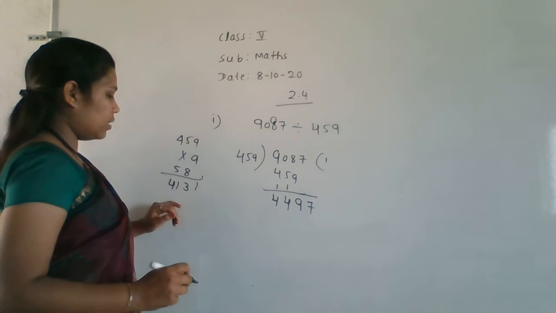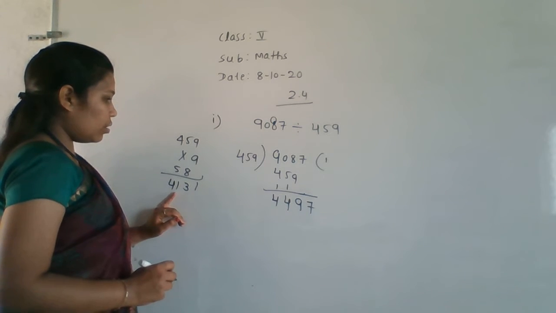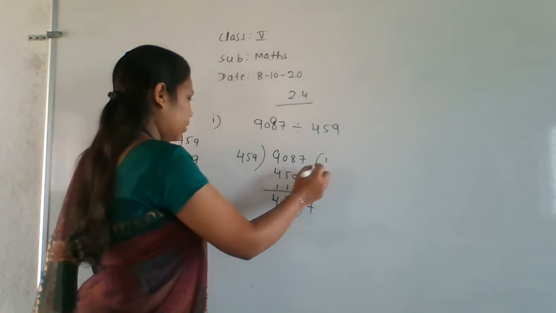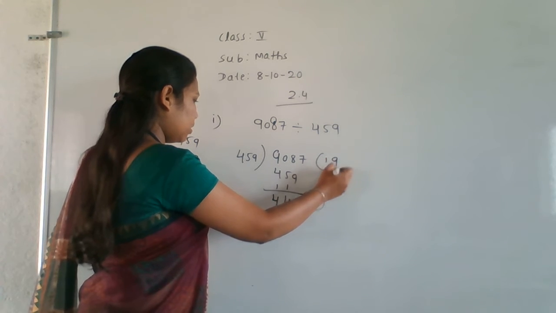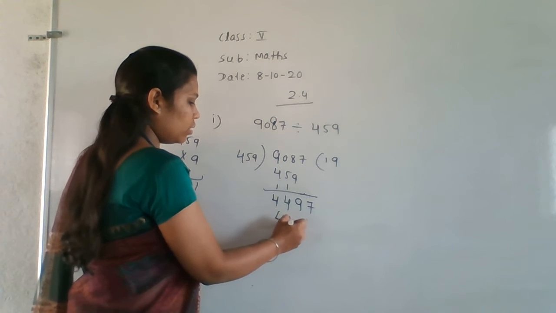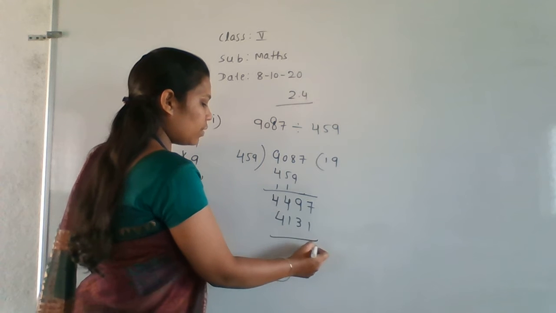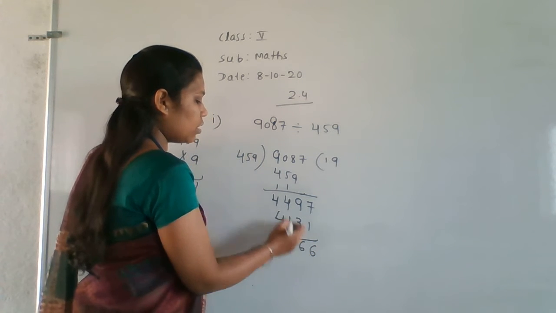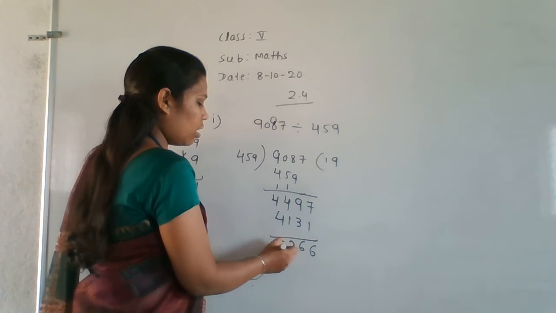Okay, we can't take this value, right? So now write here, that is 459 nines are 4131. Okay, 7 minus 1 is 6. 9 minus 3 is 6. 4 minus 1 is 3. Here 0.